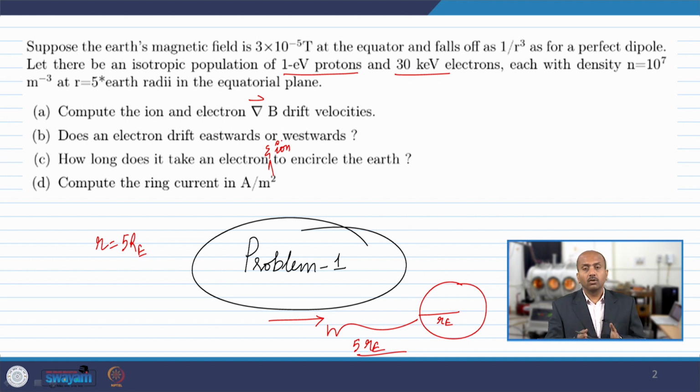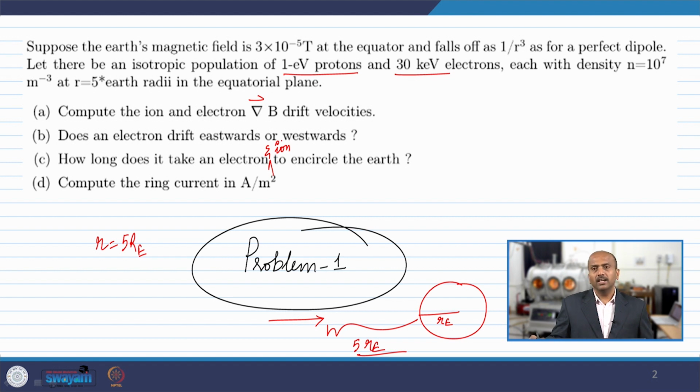Now, this topic is already being taught. We know the basics of this problem. That means we have realized when the plasma experiences a gradient magnetic field, that means a magnetic field whose strength is changing with respect to space, then the plasma particles, the electrons and ions, will experience a drift velocity which is called the gradient drift velocity.